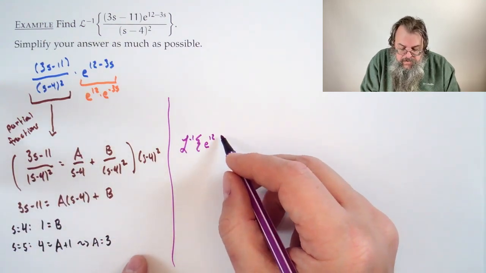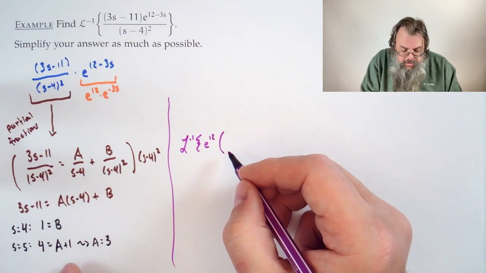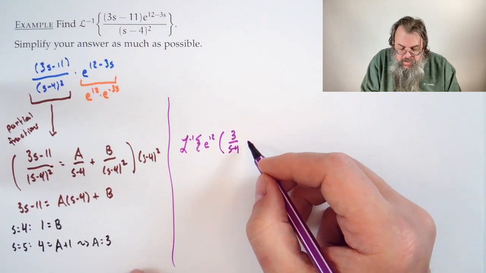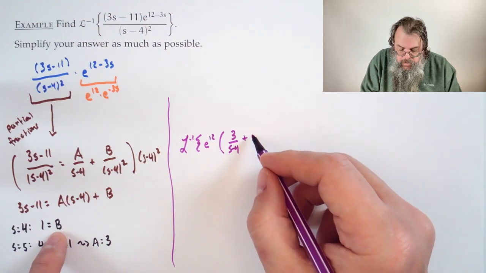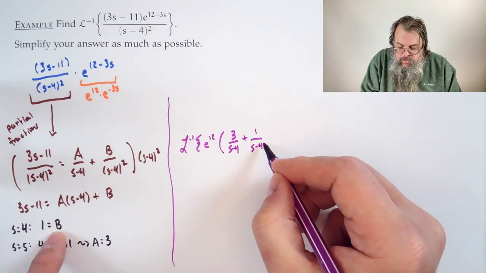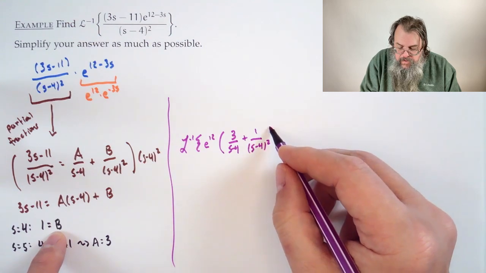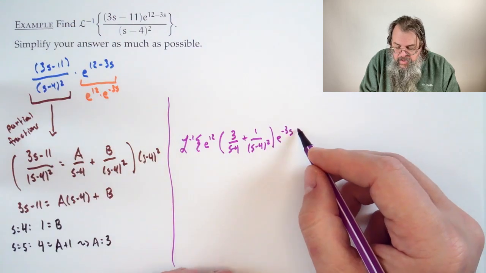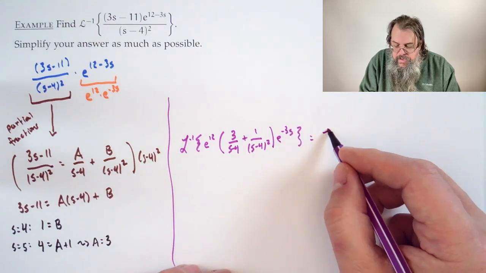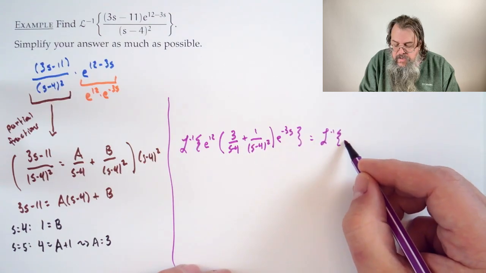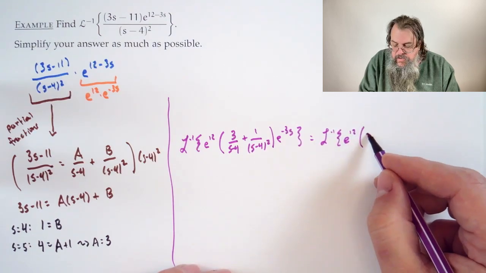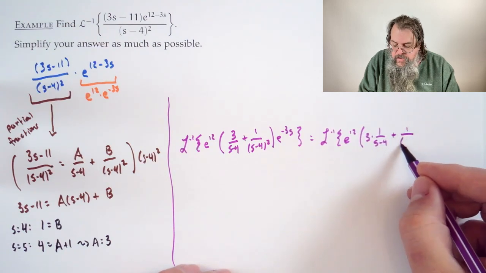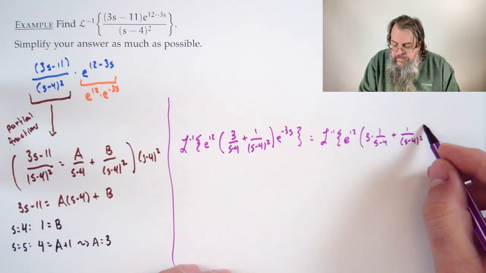And then we have our a, which is 3 over s minus 4. And our b, which is 1 over s minus 4 squared. And then we have that e to the minus 3s. Well, we really should have done, and we'll do it now, 3 times 1 over s minus 4 plus 1 over s minus 4 quantity squared.